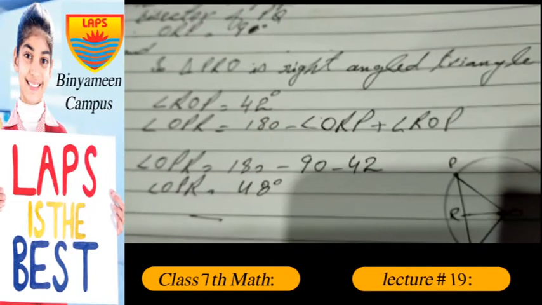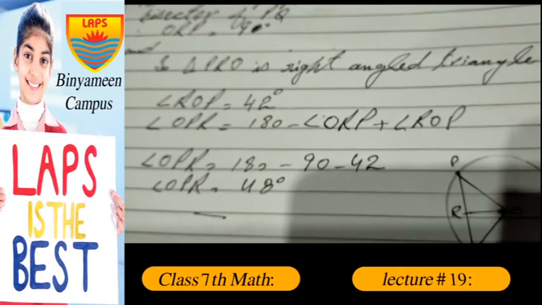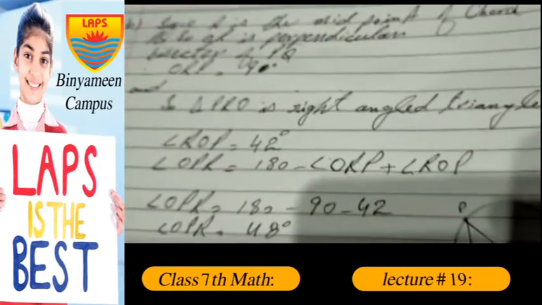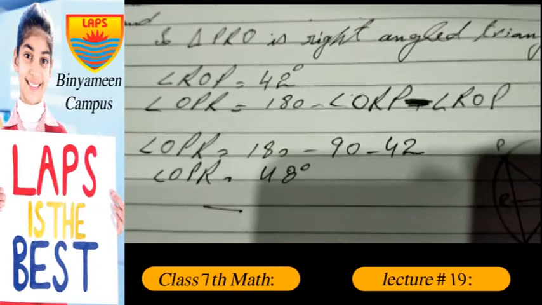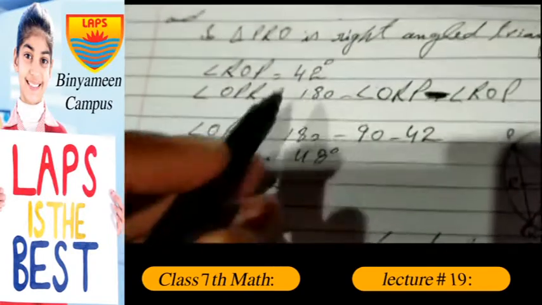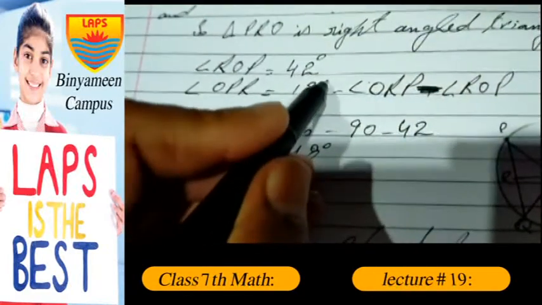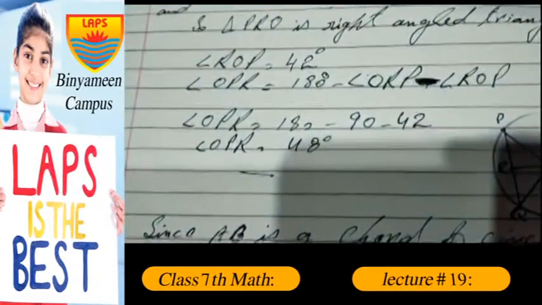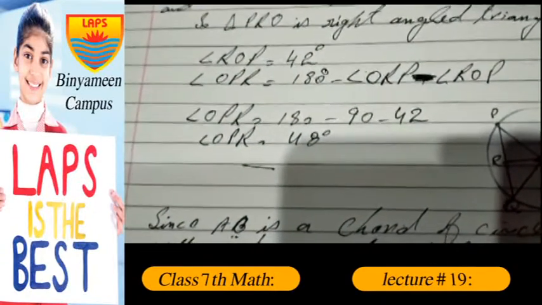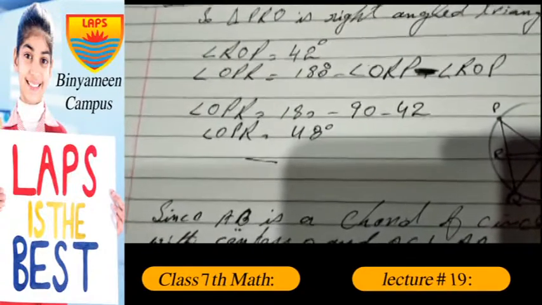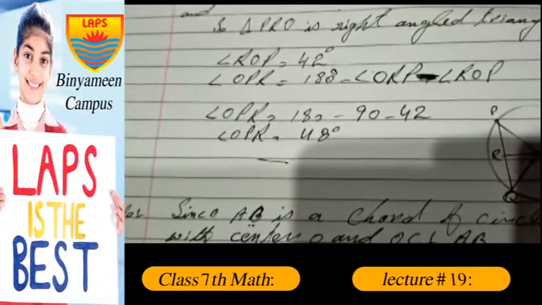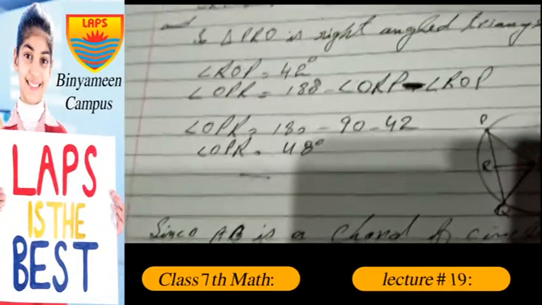Angle OPR is equal to 180 degrees minus angle ORP minus angle ROP. Then angle OPR is equal to 180 degrees minus 90 degrees minus 42 degrees. Now the answer is angle OPR is equal to 48 degrees.